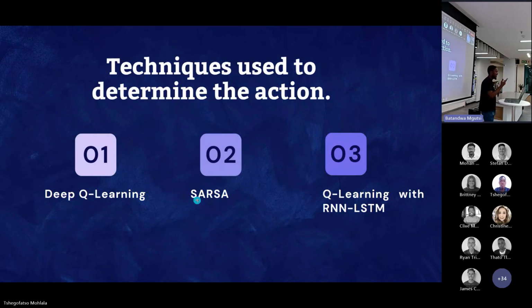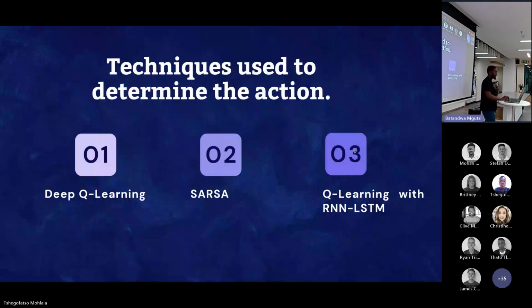You've got the state and action, you perform some action, you get the reward, you get a new state, and then you can perform another action. You can also combine Q-learning with long short-term memory. Long short-term memory is what most traders use when using deep learning techniques.